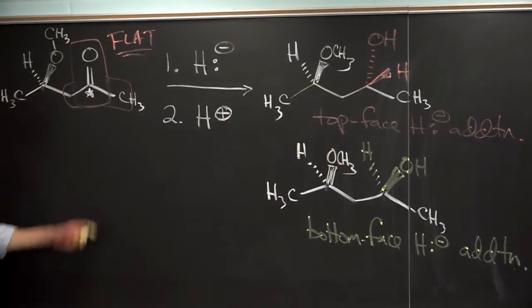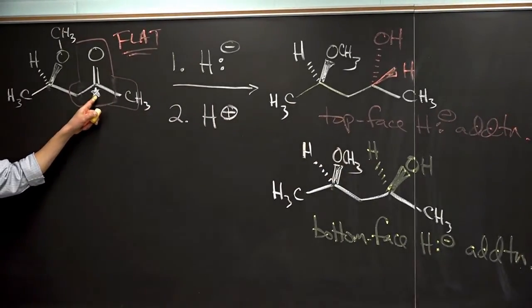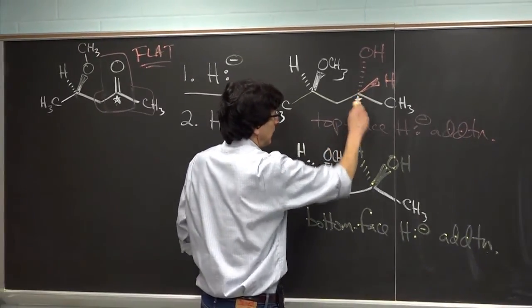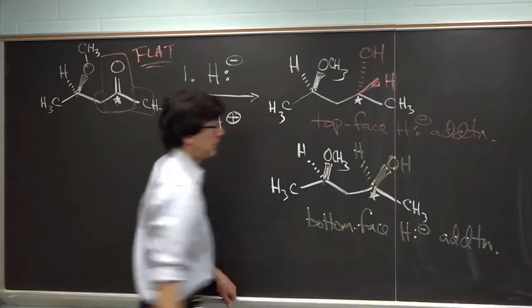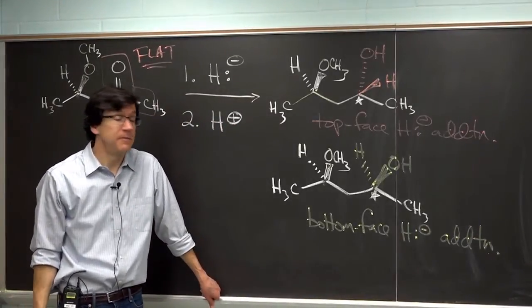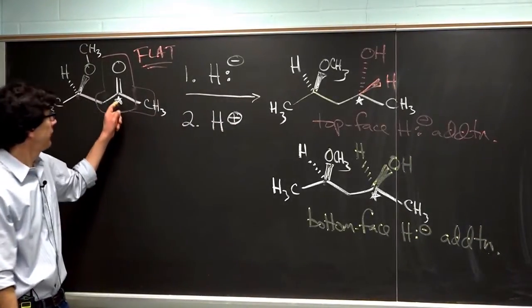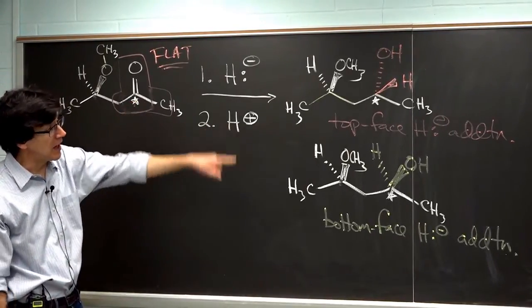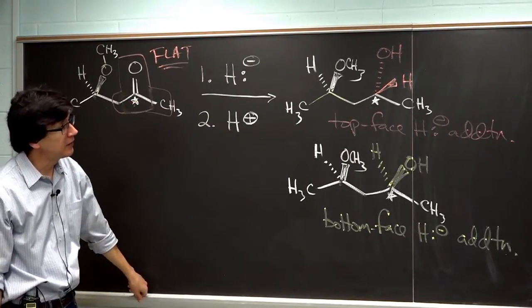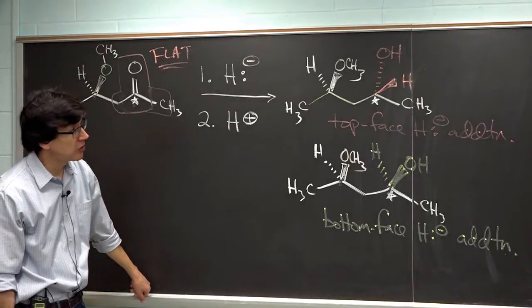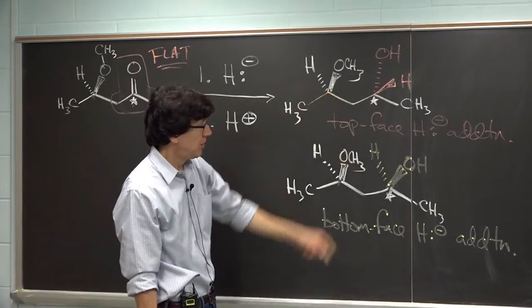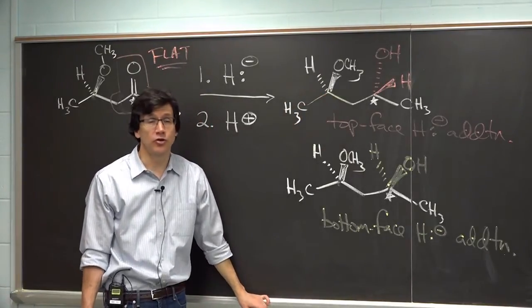Have we generated a stereocenter at the starred carbon? So here it is. Yes, I have. So this was a prochiral carbon. We added hydride to it. We got another stereocenter. So the final part of this question was, what is the stereochemical relationship between these two structures?